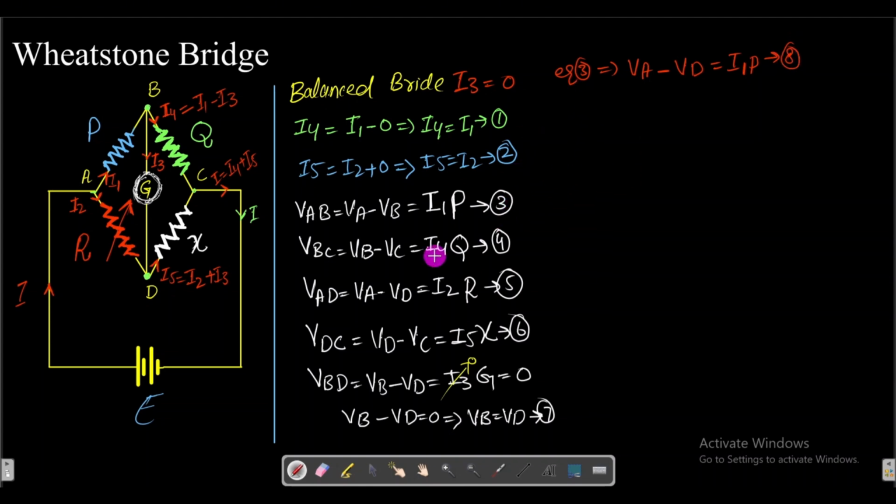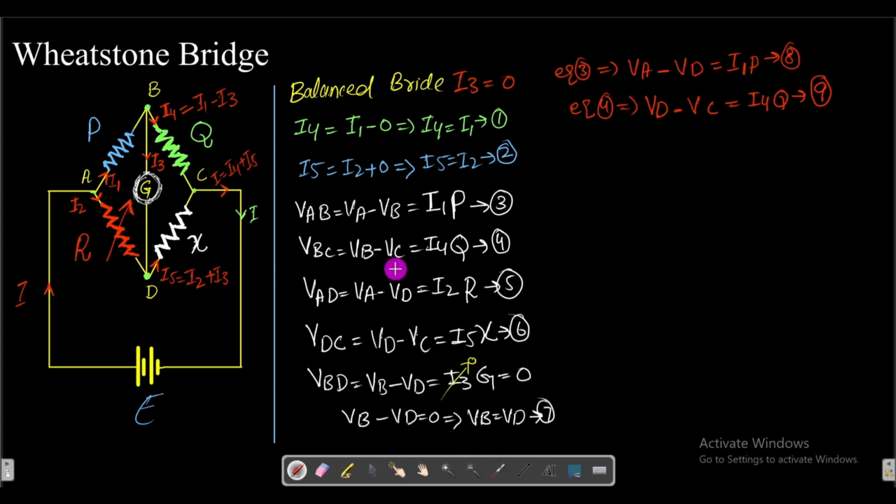Similarly, equation 4 will be modified: instead of VB we put VD, so here VD minus VC is equal to I4 Q. This is equation 9.